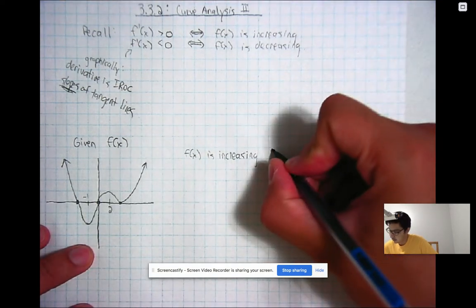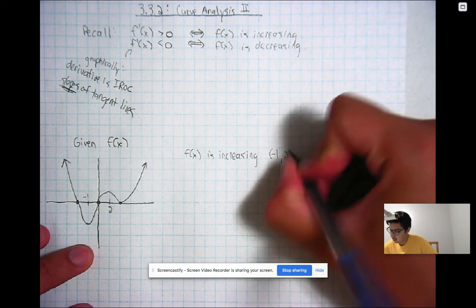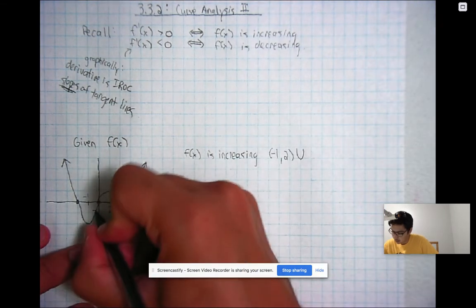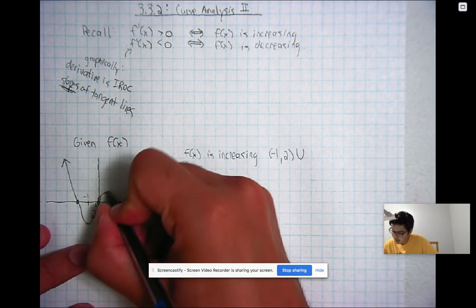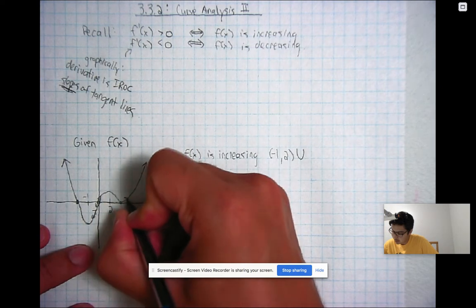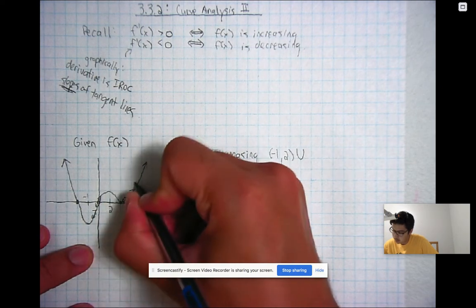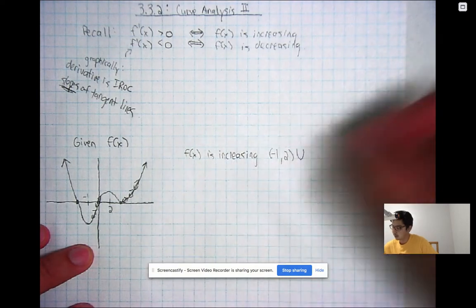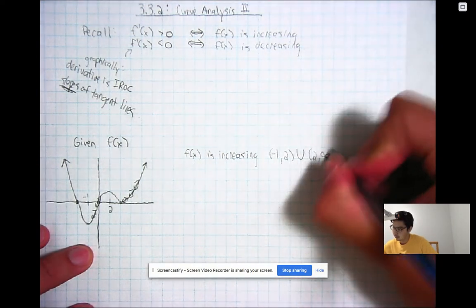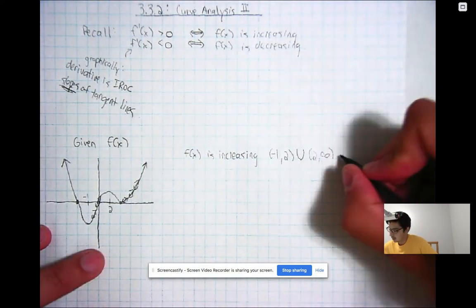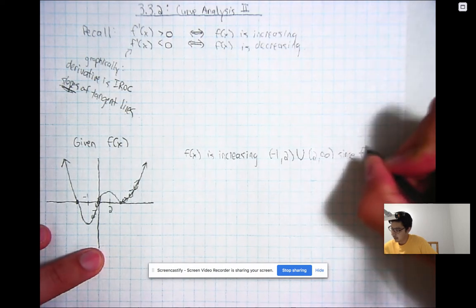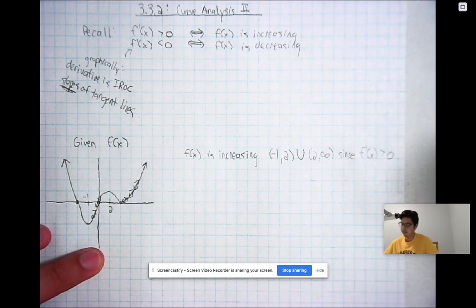So we could say from -1 to 2, the slopes are all positive here. And then it becomes negative, and then it's positive after 2 to infinity. The slopes are all positive, so the union of 2 to infinity, since f prime of x is positive.